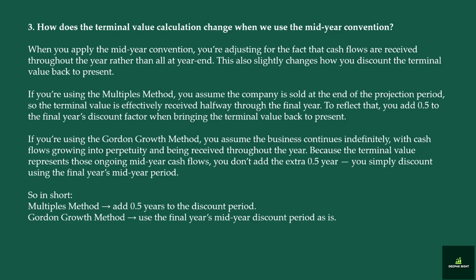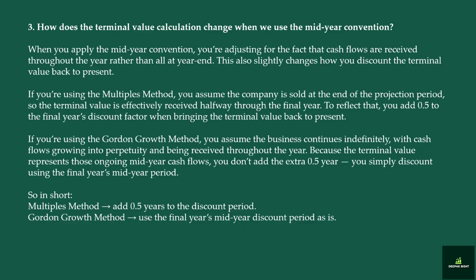in the final projected year, and conceptually it represents the proceeds from selling the business at the end of the year. In the Gordon growth or perpetuity growth method, terminal value represents the present value of all future cash flows beyond the projected period, assuming they grow at a constant rate in perpetuity. And if you think about this from the multiples method approach, the sale occurs at the year end, but the mid-year convention assumes the cash flows are received halfway through the year, so we must discount the terminal value back an additional half year relative to the final year's cash flow.